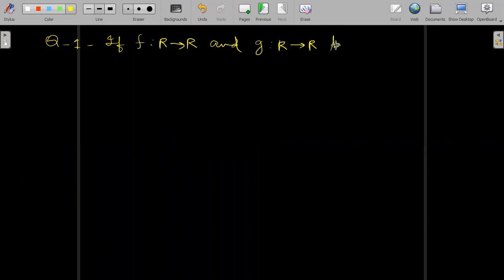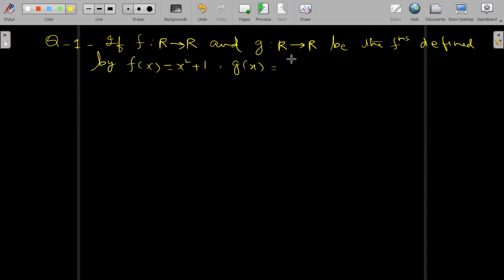F is a function defined by f(x) is equal to x square plus 1 and g(x) is equal to sin x.